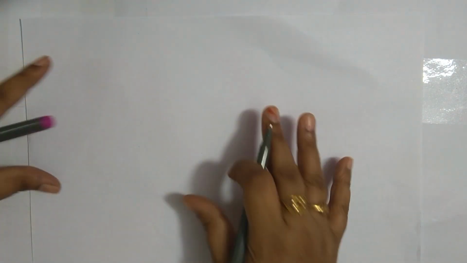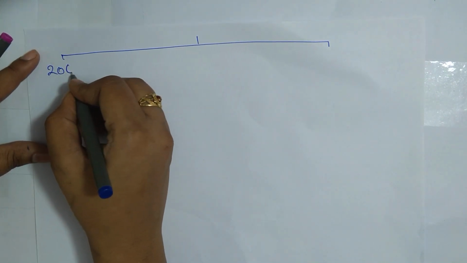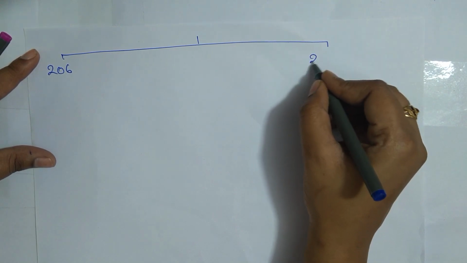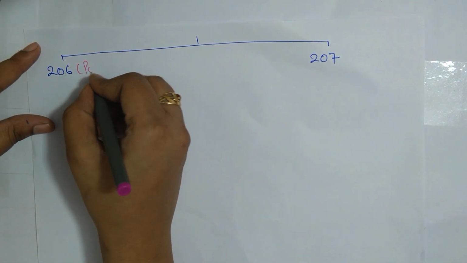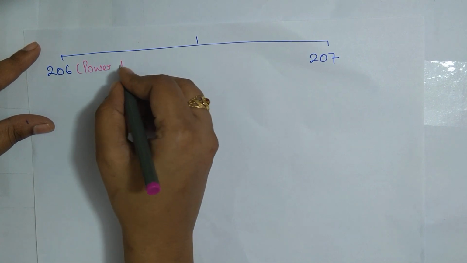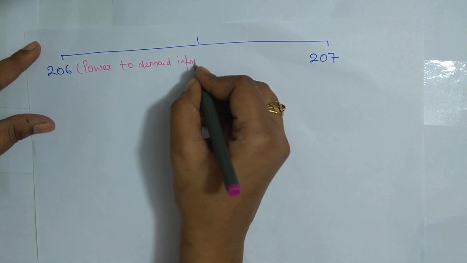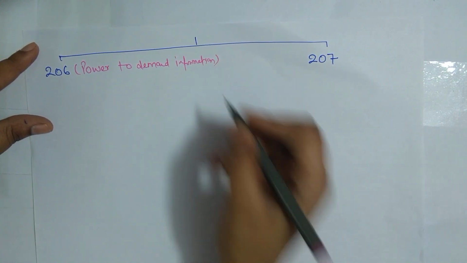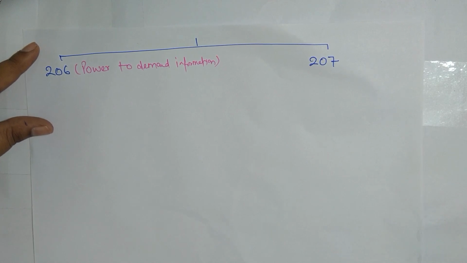So first of all, the first sections we are going to discuss are section number 206 and 207. Section 206 talks about the power to demand information, meaning who has the power to demand information from the respective company to take the inspection, inquiry and investigation process.